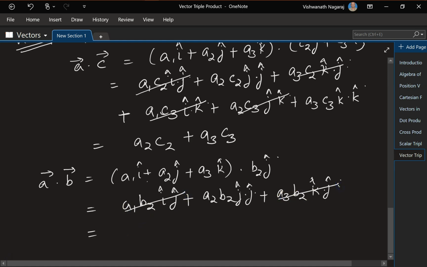K dot J would be 0. So we are left with A2 B2. J dot J is 1.